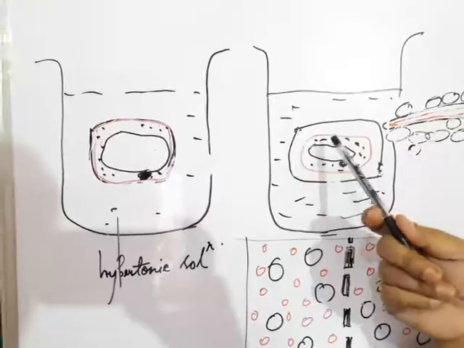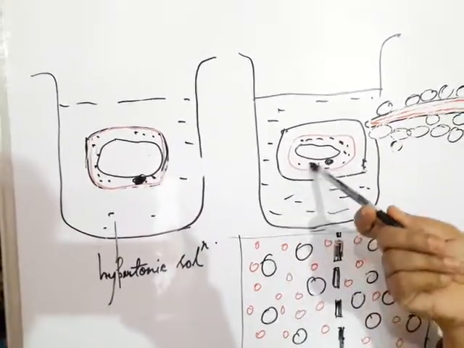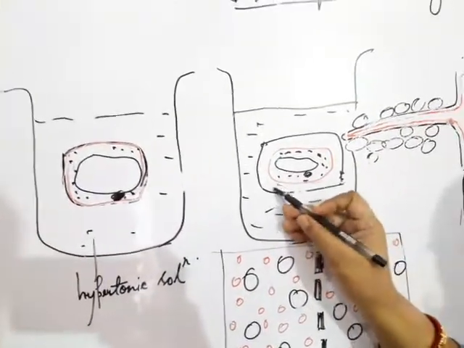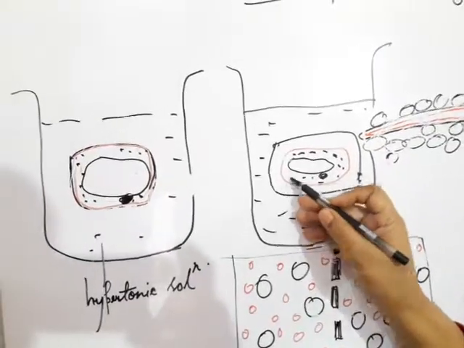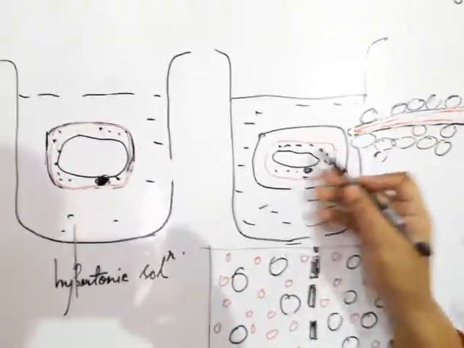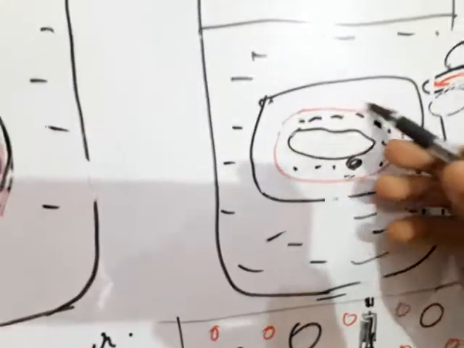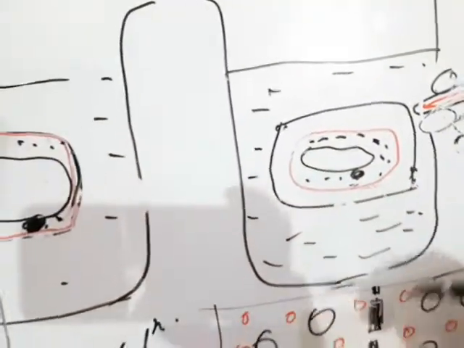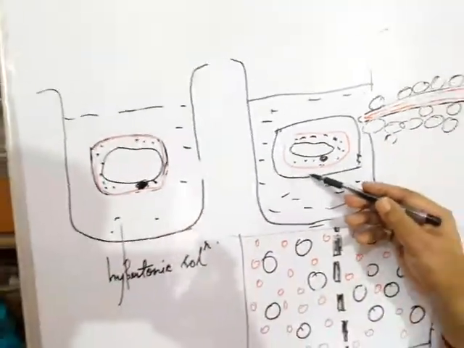So from the cell, water will be lost, and see there is a gap between the cell wall and cell membrane. So the protoplasm is shrinking due to loss of water.